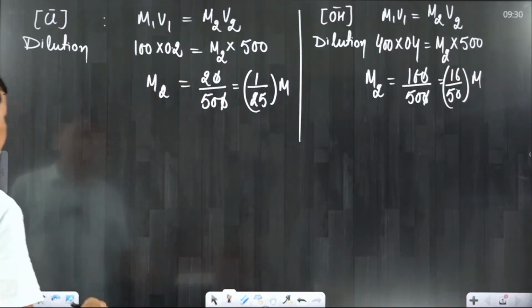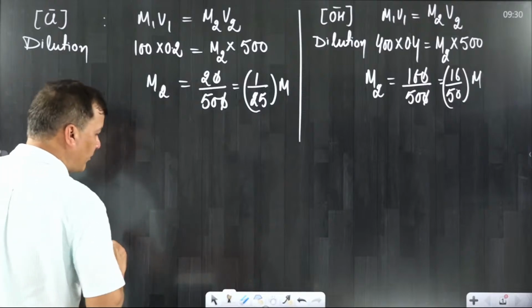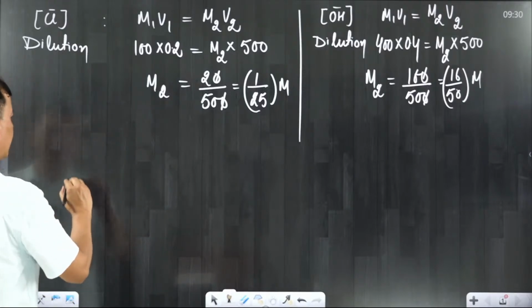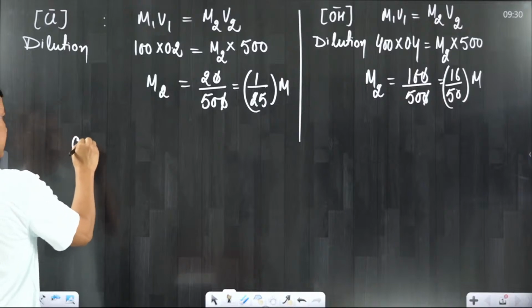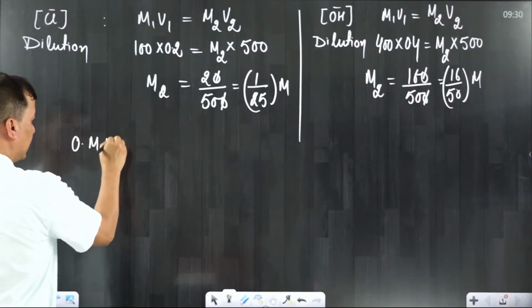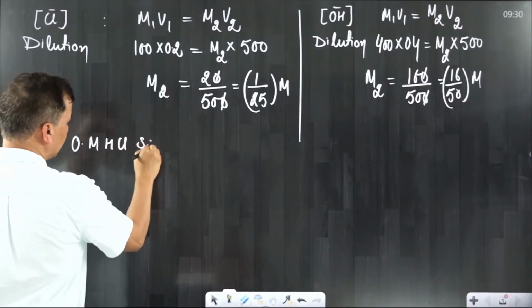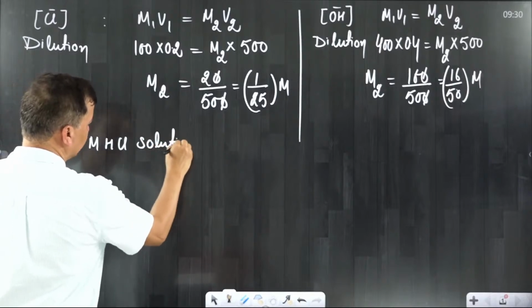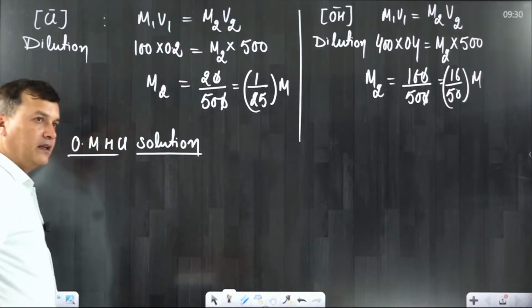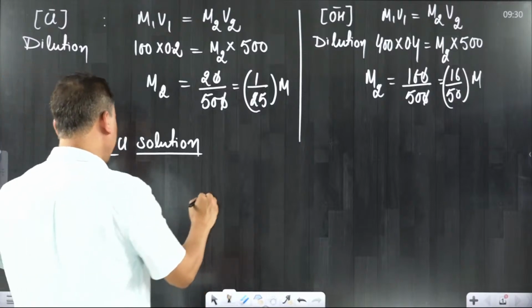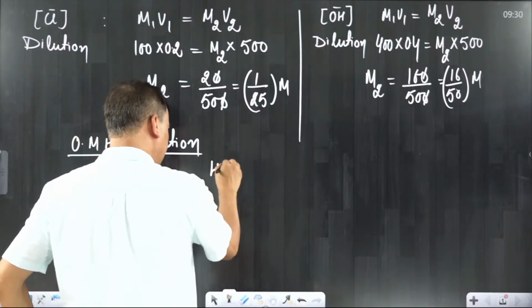Now, let me take one example. Here I am taking 0.1 molar HCl solution. This is important, but try to understand. My dear student, here is HCl.